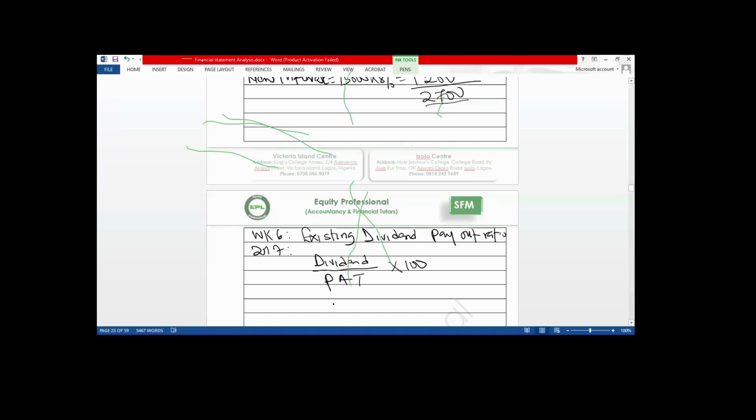Our dividend for 2017 is 7,679 divided by the profit after tax for 2017, 12,798, multiplied by 100. Please work out the payout ratio.